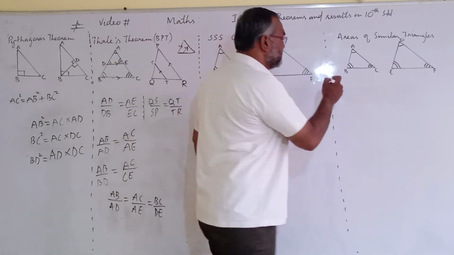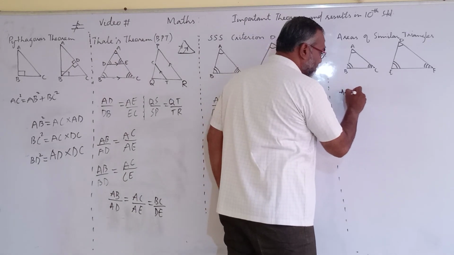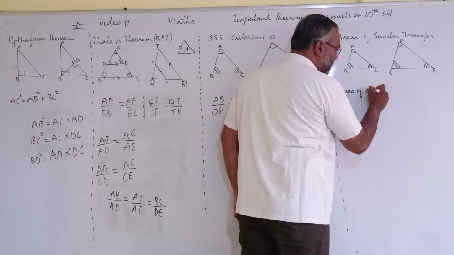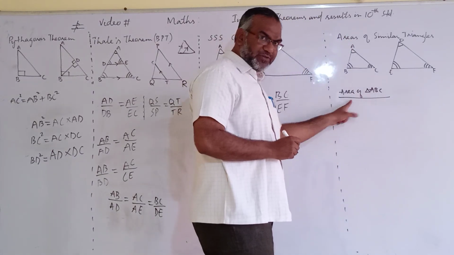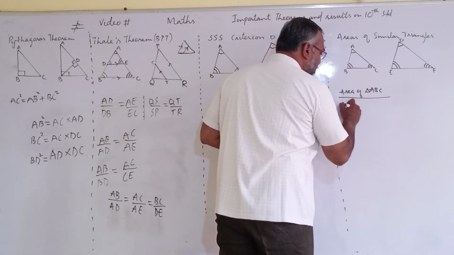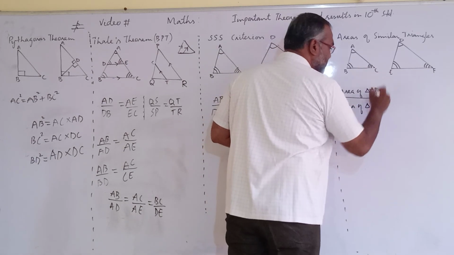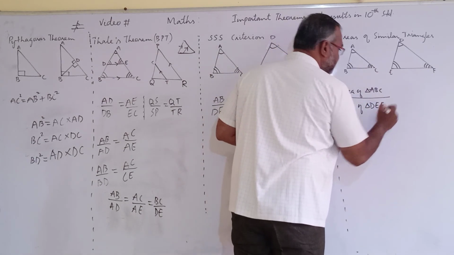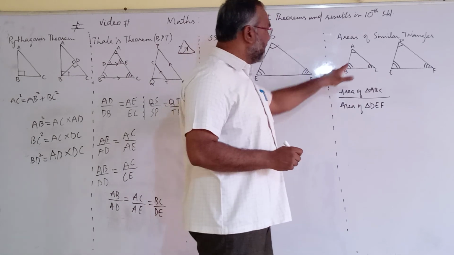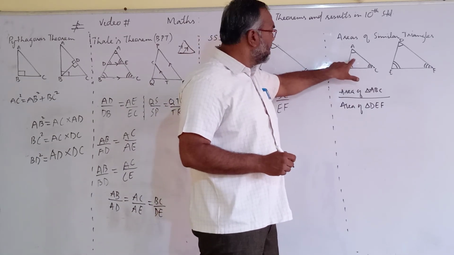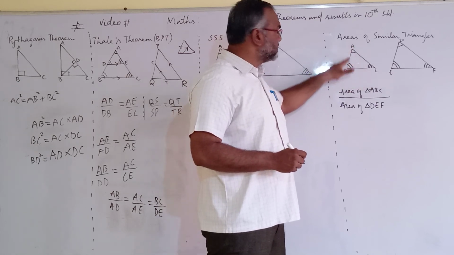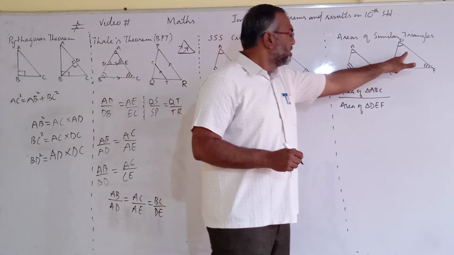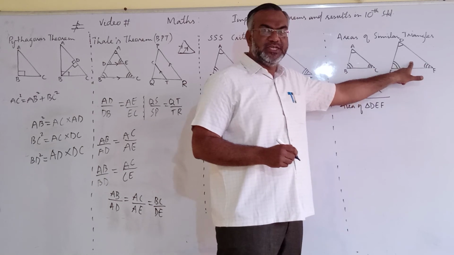I write down, see here, area of triangle ABC divided by area of triangle DEF. Ratio means divided by. Area means the inside space, whatever space is occupied inside the boundary of the triangle.